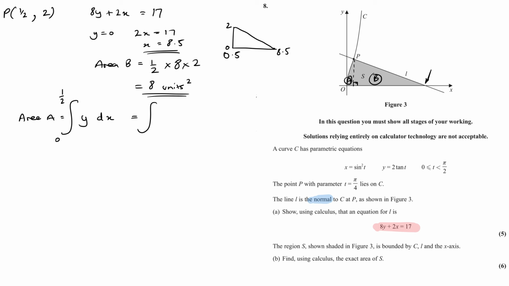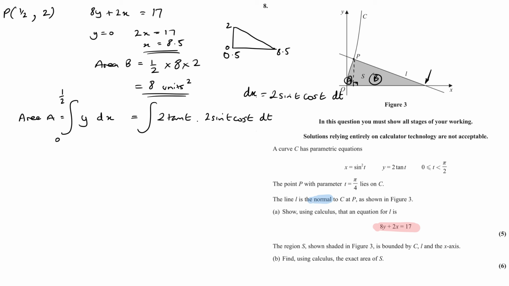So y would be 2 tan t, but dx is obviously the problem. Previously we had this, multiplying up by the dt, and we would get this. So now I can say that this is times 2 sine t cos t dt.